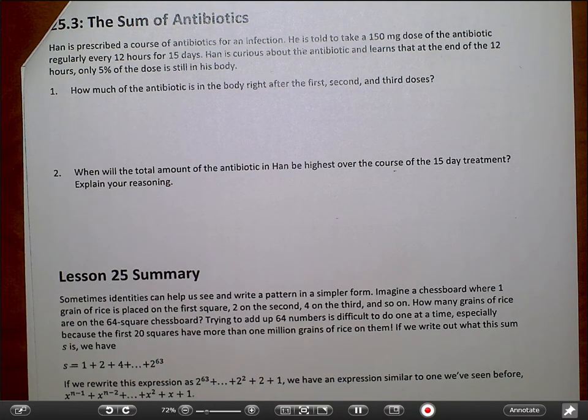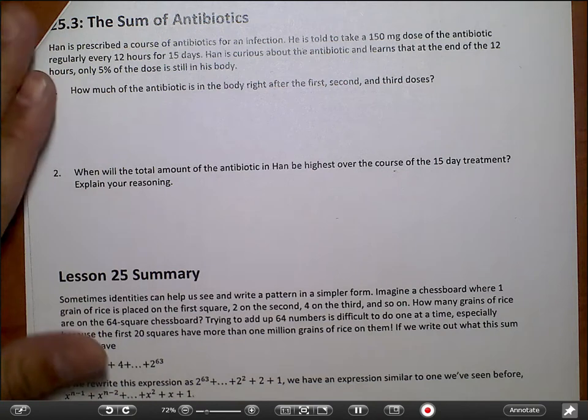The word percent. What does cent mean? Cent means 100, right? So the word percent, by definition, is out of 100. So if it's 5%, it's 5 over 100.